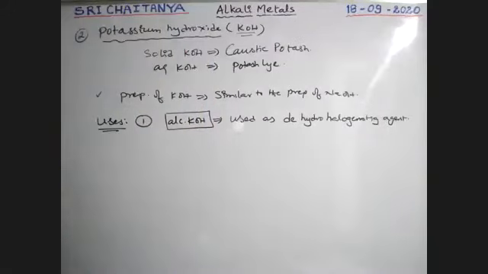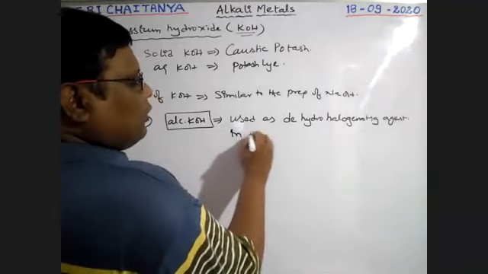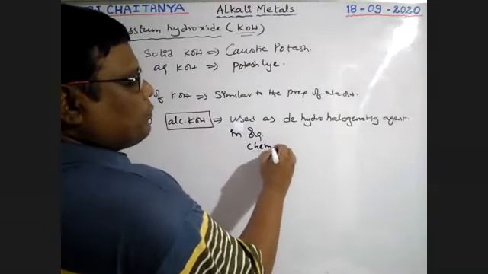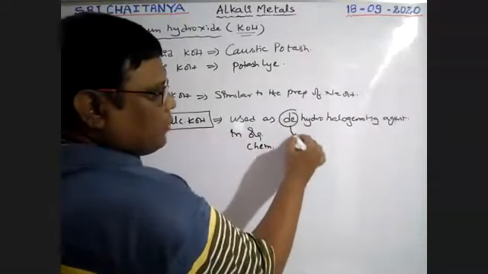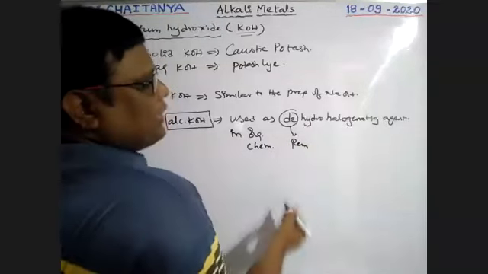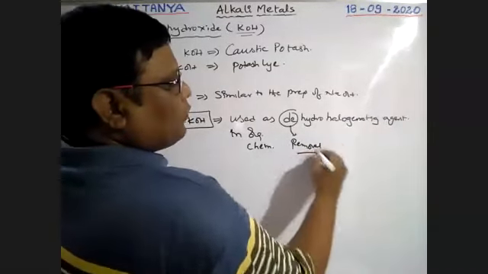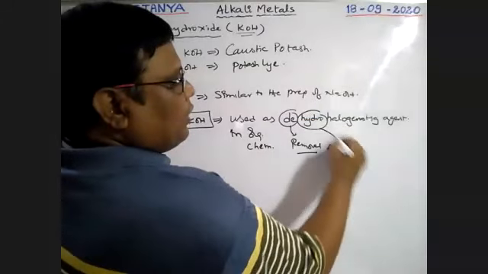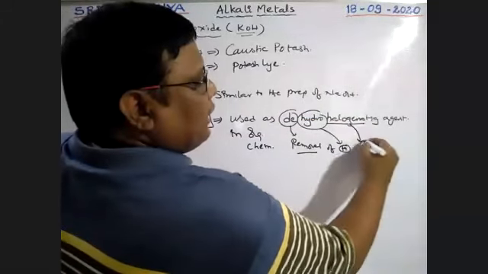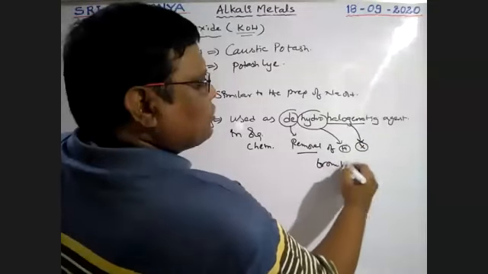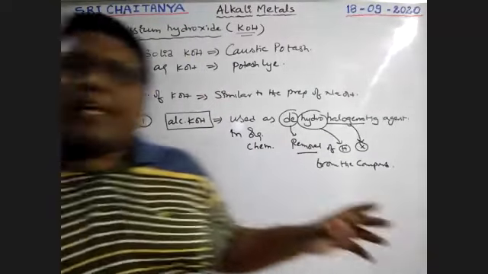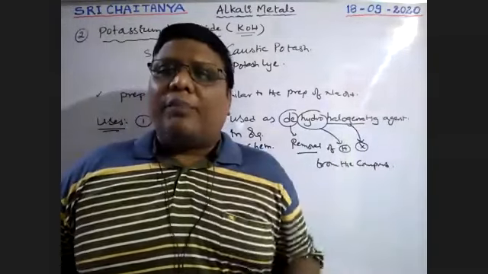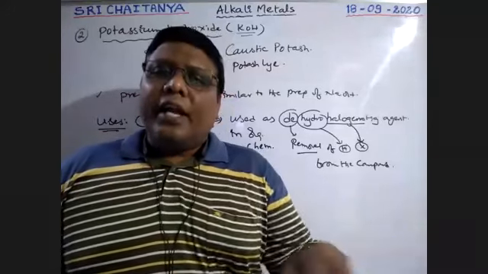In organic chemistry, 'de' means removal, so this is the reagent used to remove hydrogen and halogen from a compound. It is called a dehydrohalogenating agent.